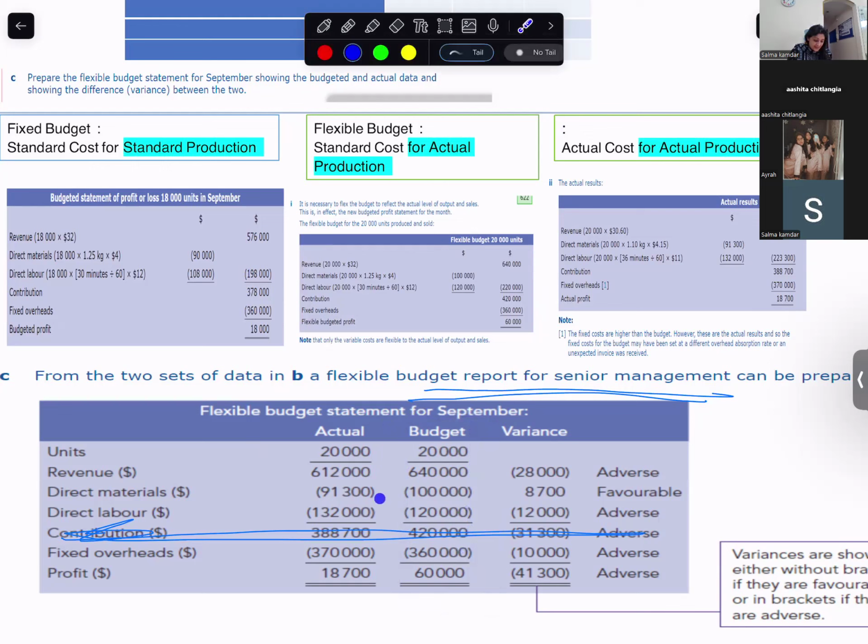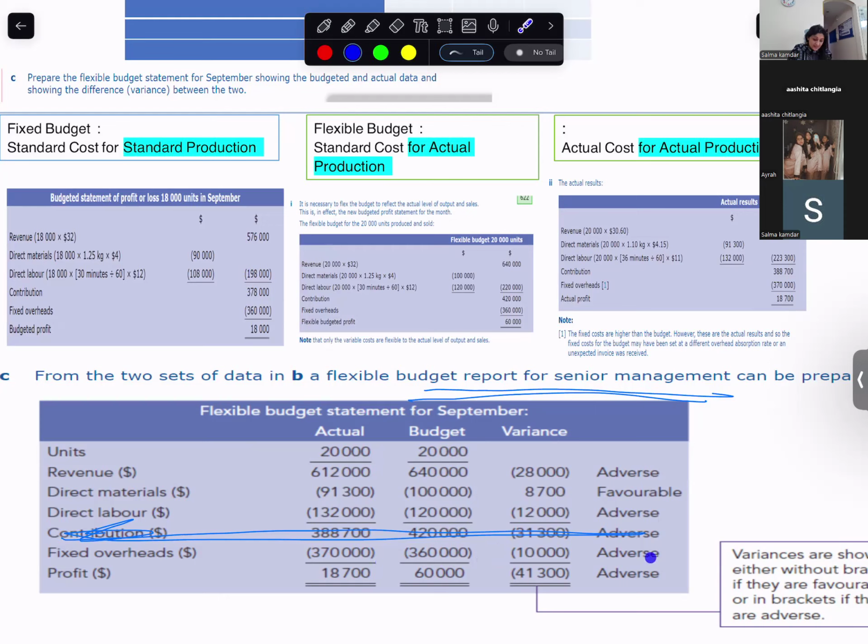You spent 91,300, but you expected to spend 100,000. So that's a favorable variance. You spent 132, but you expected to spend 120. That's an adverse variance. You spent 370, but you expected to spend 360.